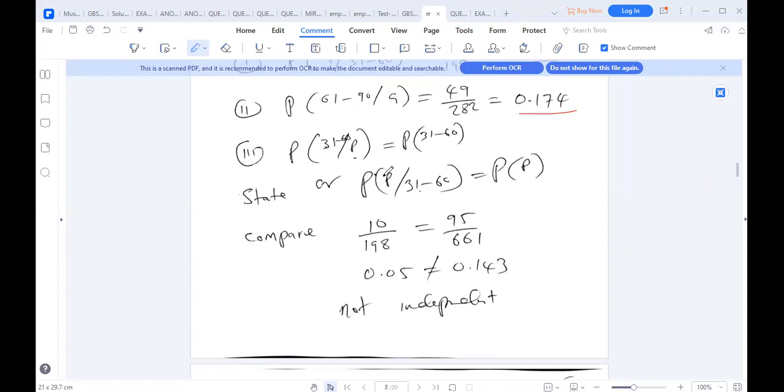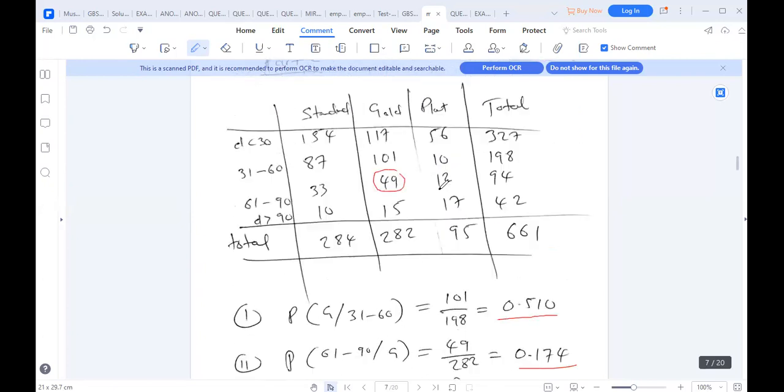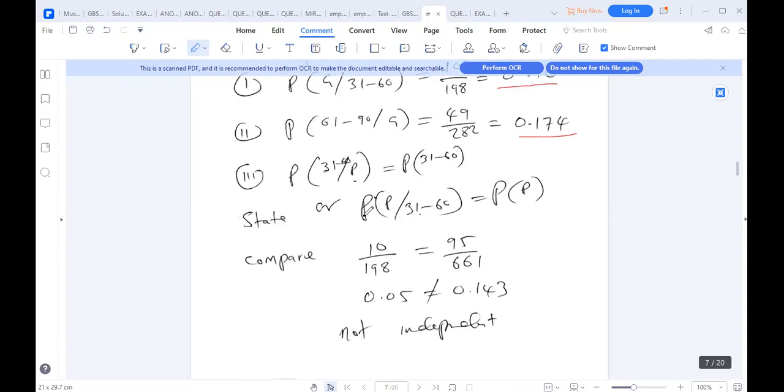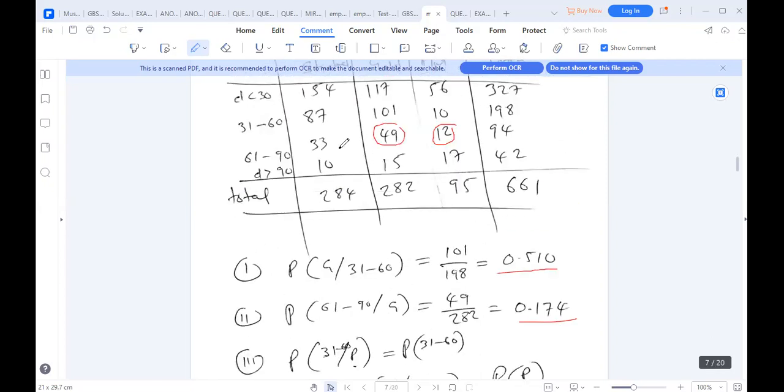So how do I find P given 31 to 60? I go to where they meet. 31 to 60 and P meet on 12. Then the total for 31 to 60 is at 10, not at 12.